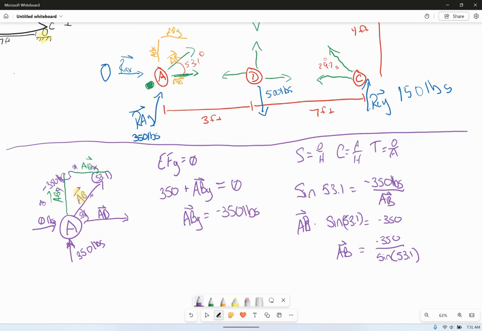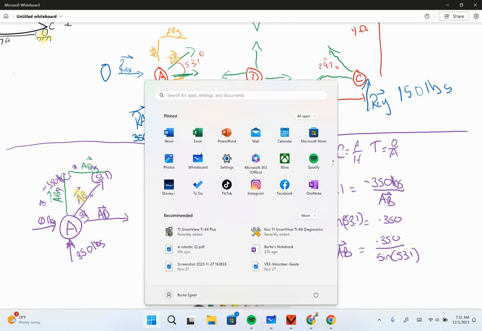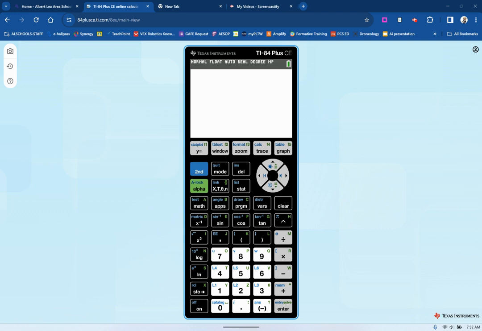So I'm going to go to our calculator and solve that. Negative 350 divided by the sine of 53.1 degrees is equal to 437.672.